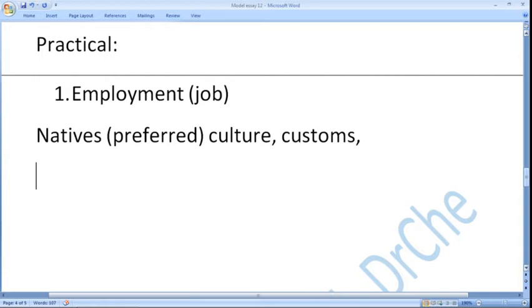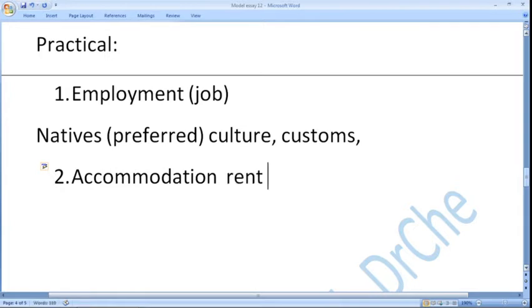And number two could be that it is sometimes very difficult to find accommodation for rent or to buy, because natives don't want to live with foreigners.